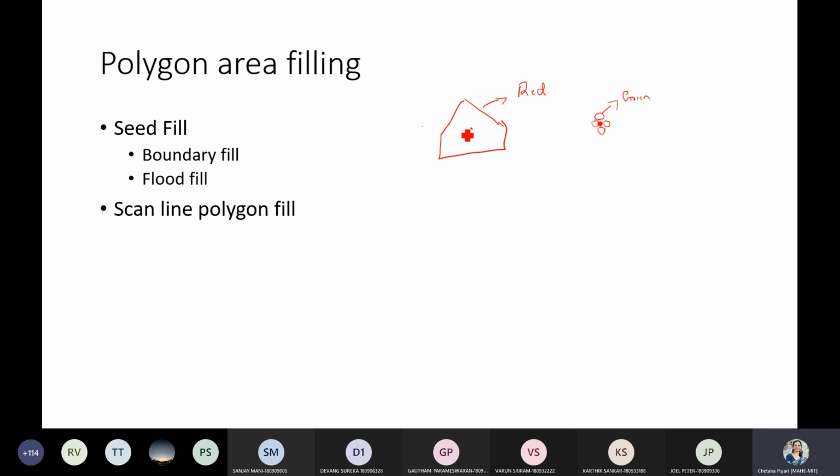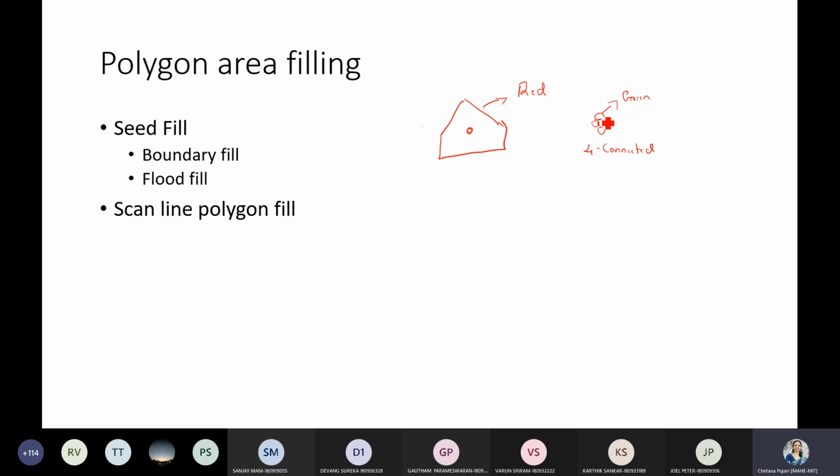Let's say we want to fill a green color inside this particular polygon. We already know our border is red. Select any one pixel, use a test method and see if the pixel lies inside the polygon. If it does, then you are going to make use of the 4 connected method. Then you already know this pixel's x and y value.